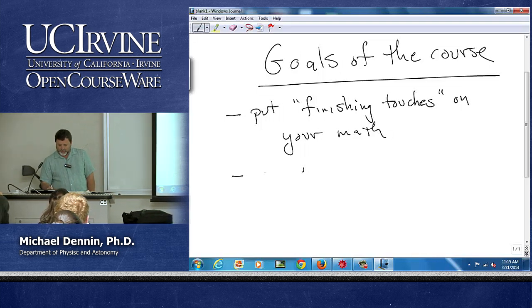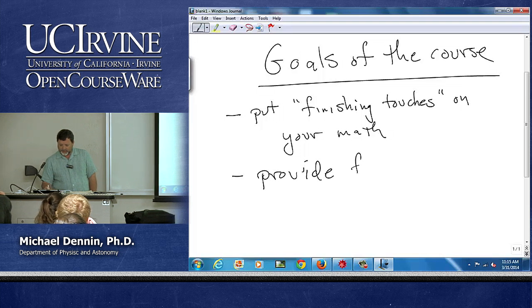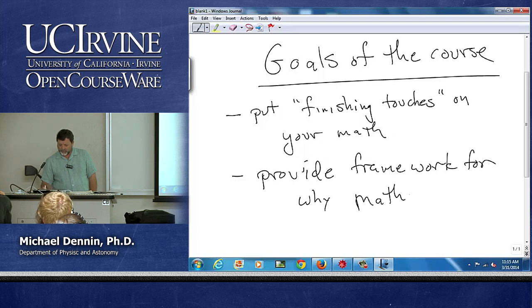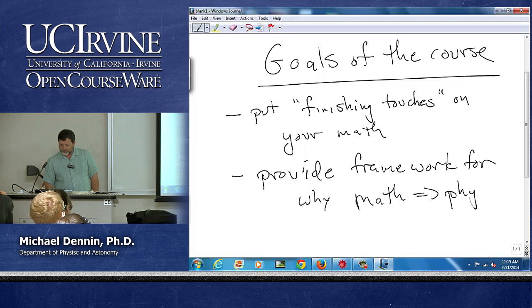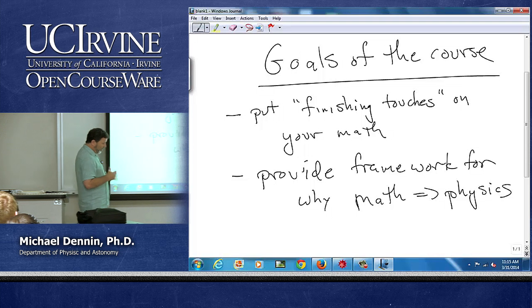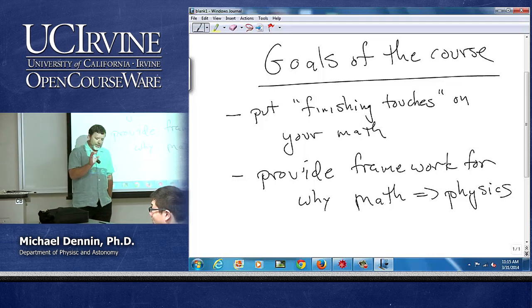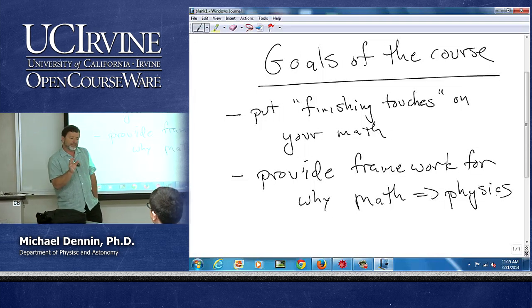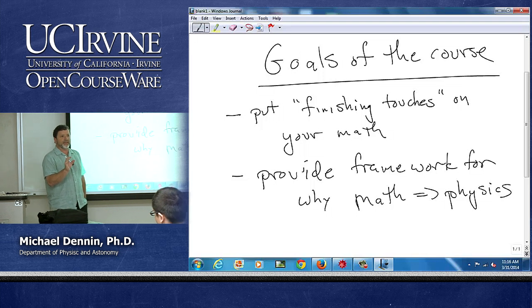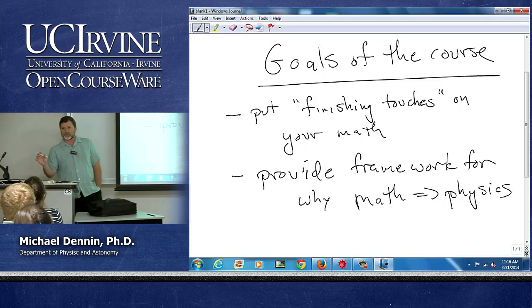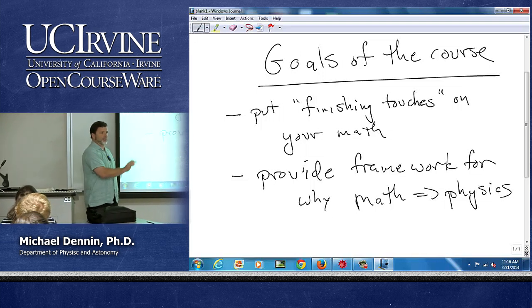And right in that is really to provide a framework for why the math you learned we're going to use in physics. I try very hard, so in this regard, there will be a big difference, most of the time, between what I am doing in lecture and what is in the BOAS reading.